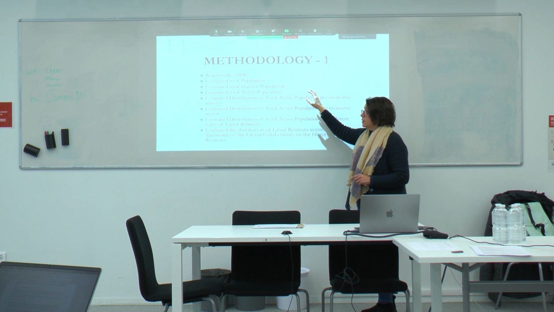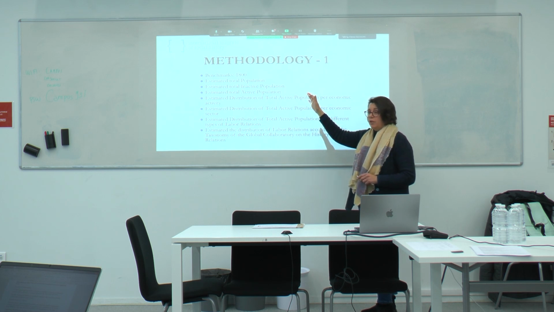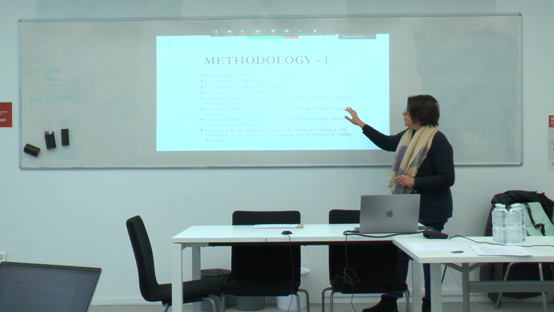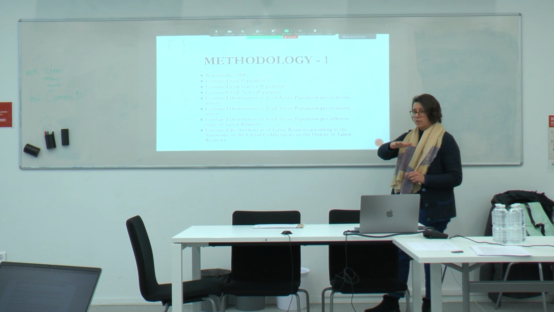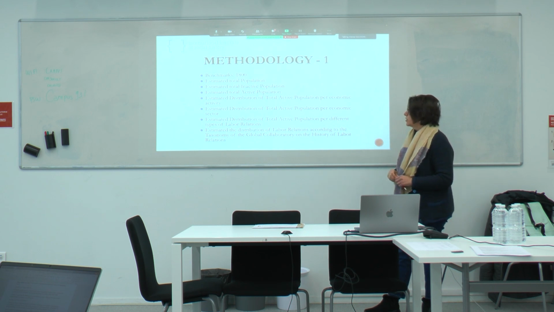Then I had to estimate the inactive population and the active population. On the basis of that, you can divide them per economic activity or economic sector, and I use the same economic sectors as in the previous project.